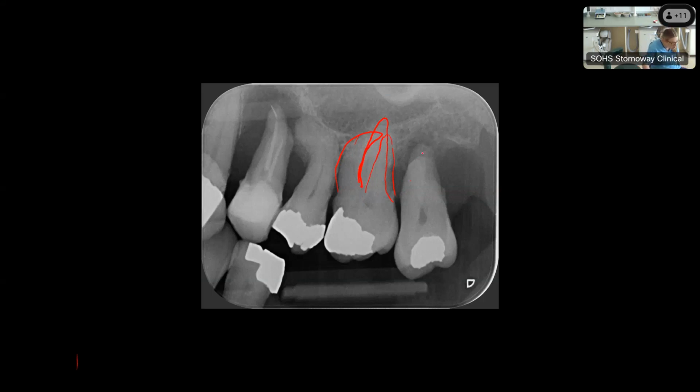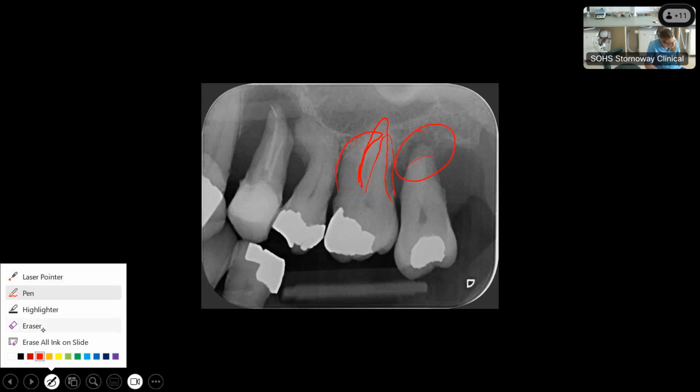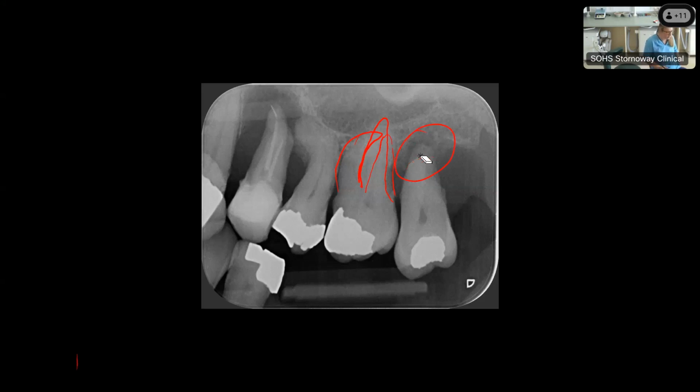The other thing I want to know is, why have we got this line there? Is the root lying palatally? Yeah, the roots are stacked on top of each other. Because it's an 8, probably.